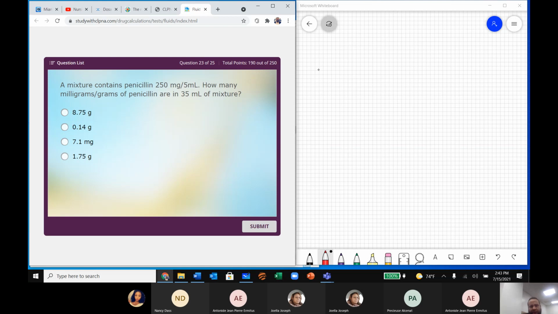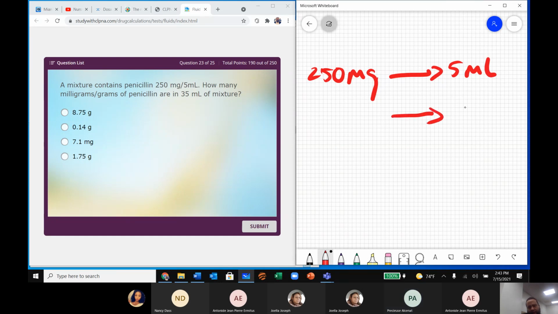We have 250 milligrams contained in 5 ml, and then we need to get how many milligrams we have at 35. This is what we need to get.